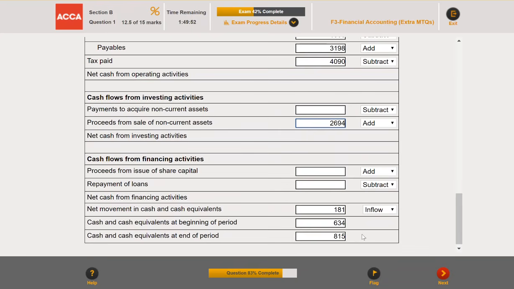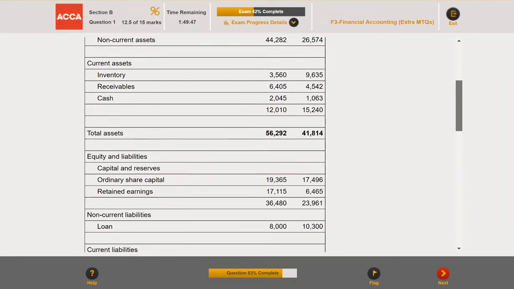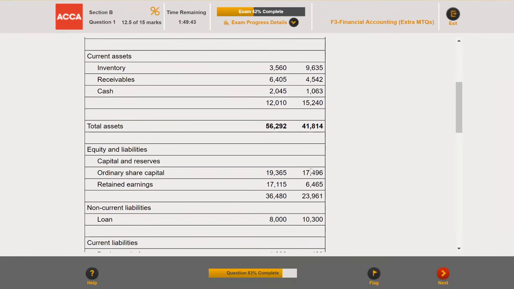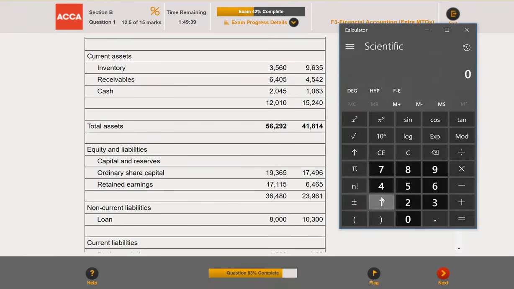And then proceeds from issue of share capital. If share capital increased, it means we have proceeds. If it decreases, it means we have repayment. So share capital, including retained earnings, 17,496 minus 19,365 equals 1869.